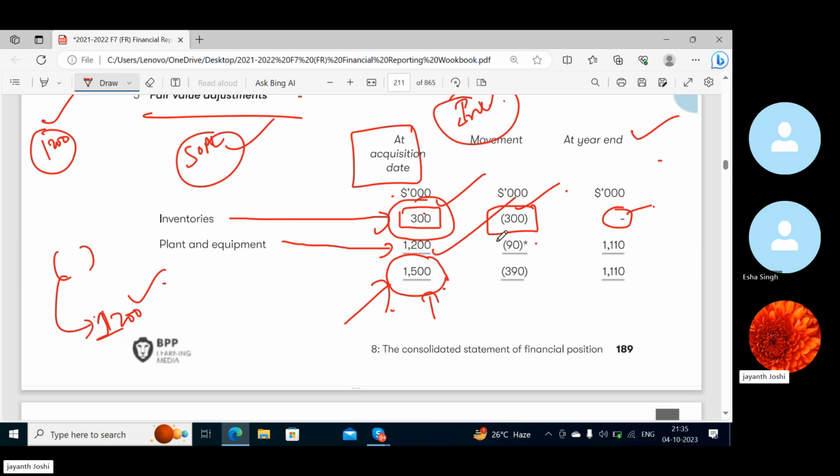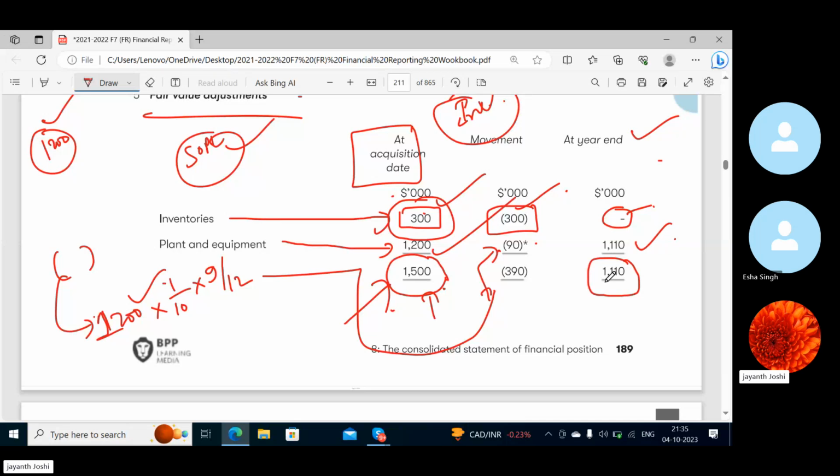So the excess depreciation will be there, and the excess depreciation we calculated: 1 out of 10 years into 9 by 12. That calculation we did, and that is this 90, right? And then we got this, and this again we will remove from the asset value, property, plant and equipment, correct? And this will go into the goodwill calculation, because the fair value adjustment is taken in the goodwill calculation.